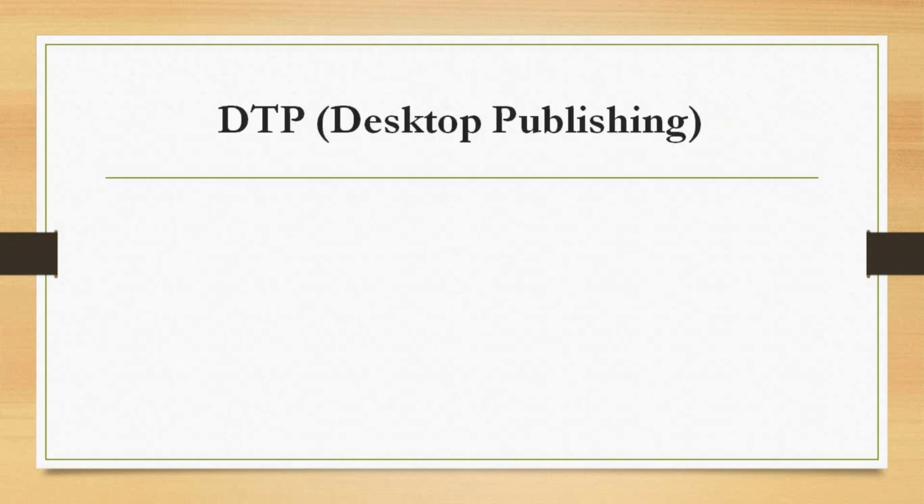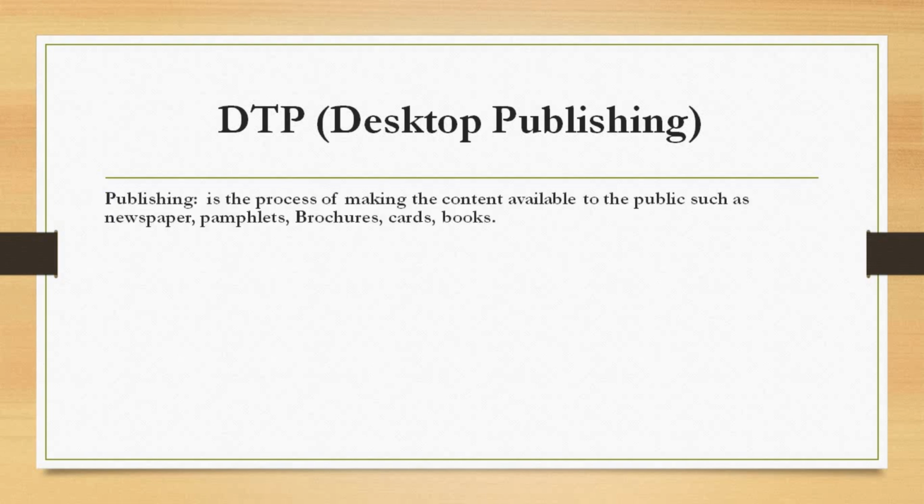Next, let us define desktop publishing. Before moving on to desktop publishing, let's see what publishing is. Publishing is the process of making content available to the public. Creating the content and making it available to the public is called publishing, with the help of newspapers, pamphlets, brochures, cards and books.